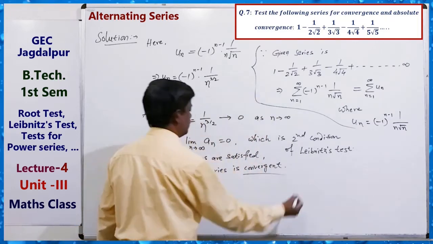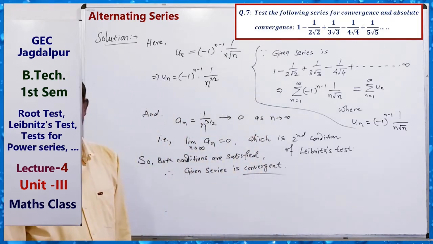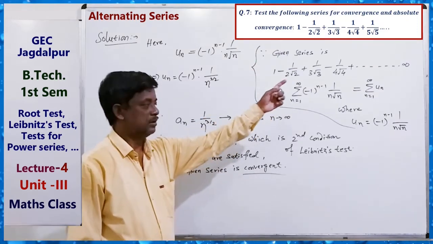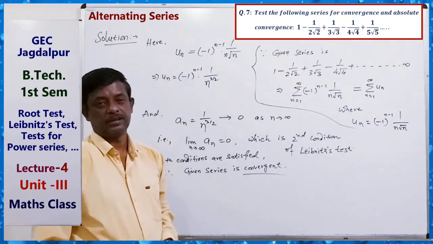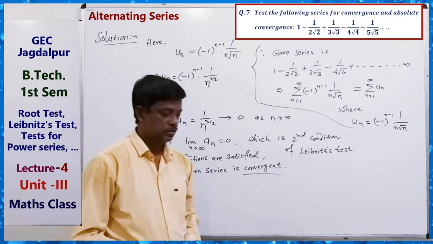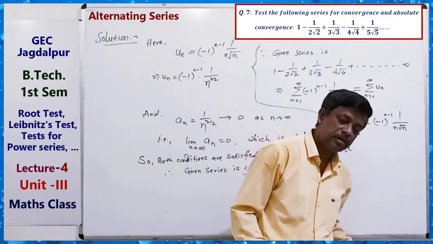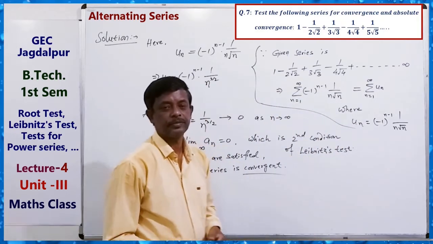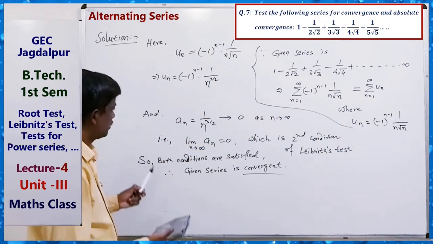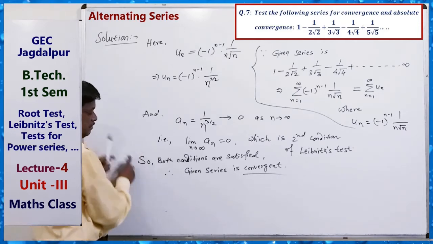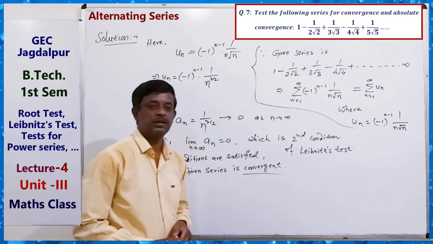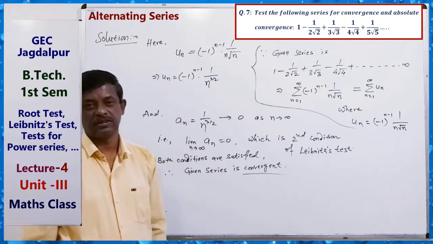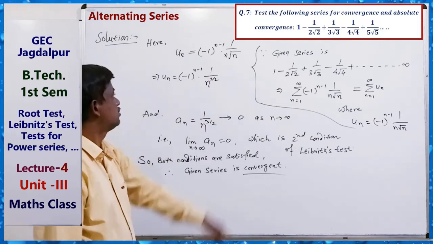By the Leibniz test, the first condition is satisfied and the second condition is satisfied, so the given series is convergent. We have tested that this is a convergent series, and now we also have to check whether this series is absolutely convergent or not.